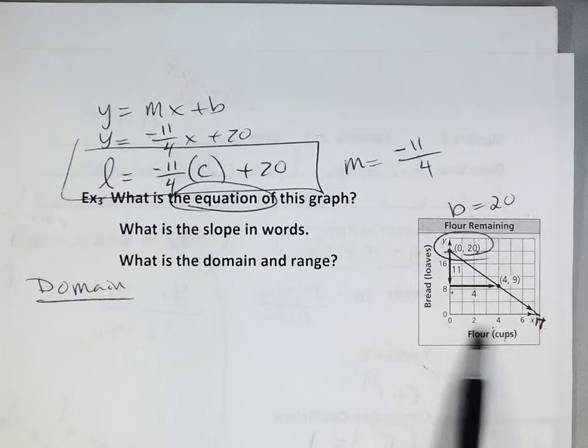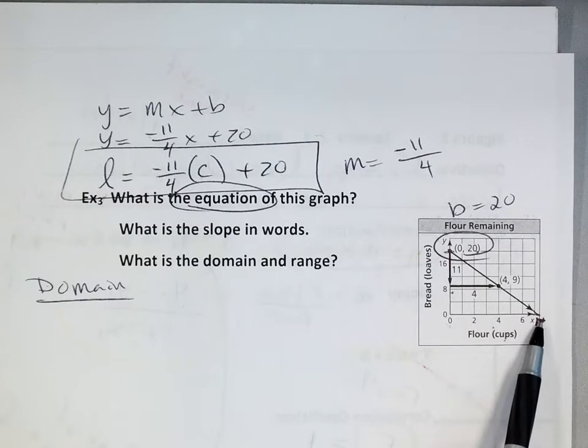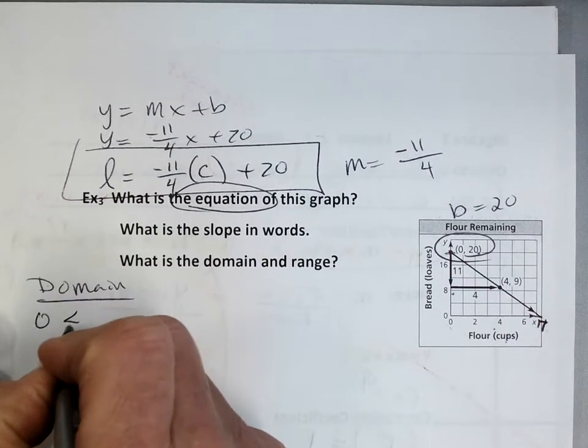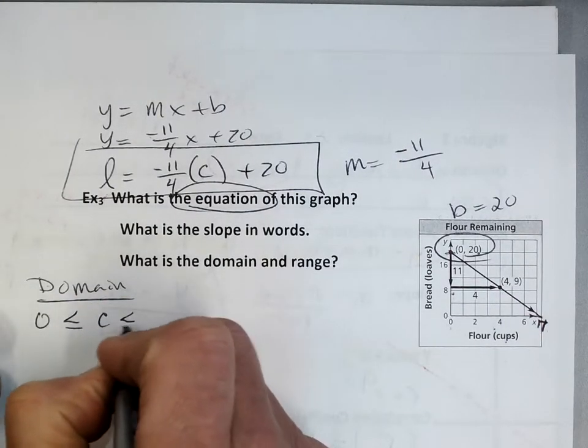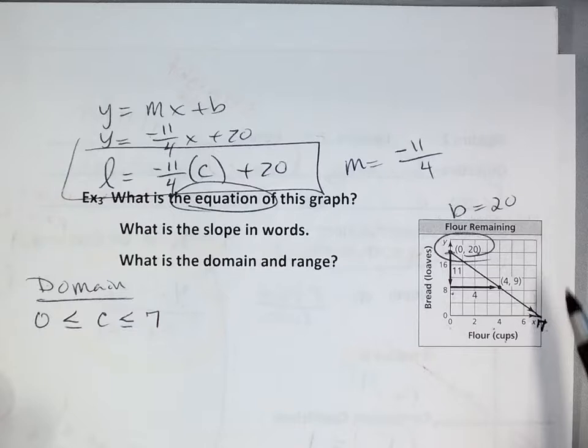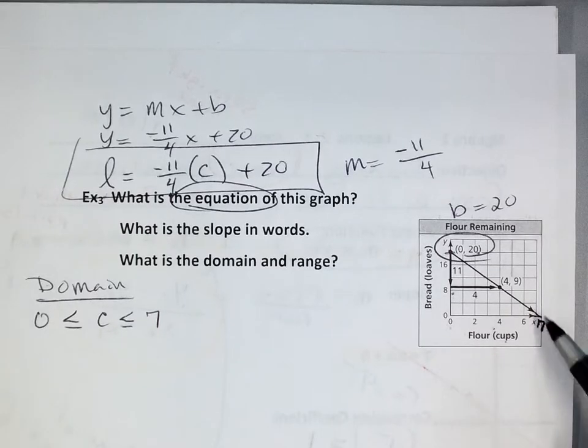On this graph we're going to stop, because after that, we're out of bread, okay? Bread remaining. This problem's like, we have 7 cups left, how many loaves of bread can we make? And then we're done. We go home.